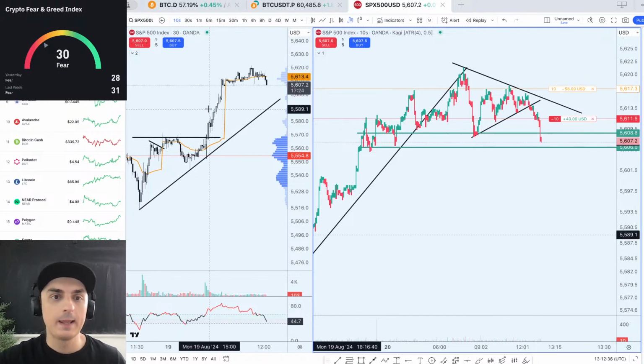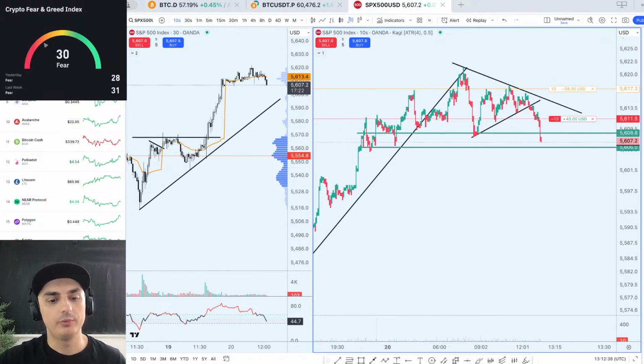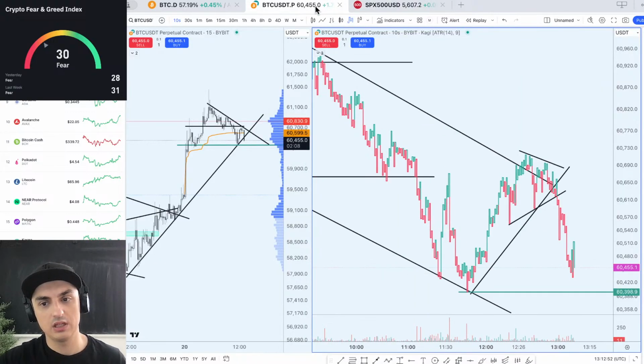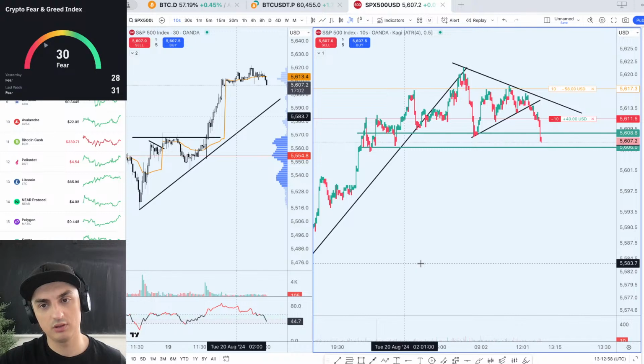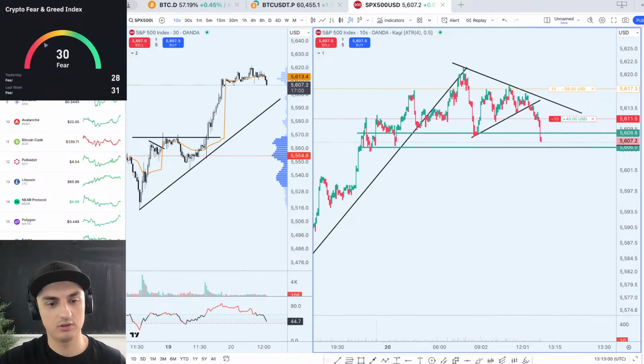That's normal. Pushing a little bit to the downside. We're still there. It's kind of stalling. Looking for more to the downside.